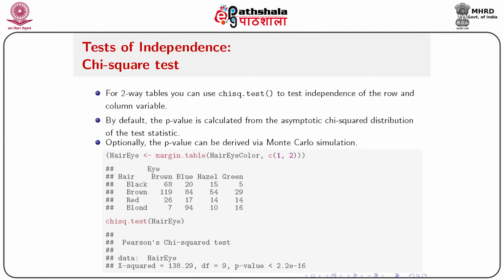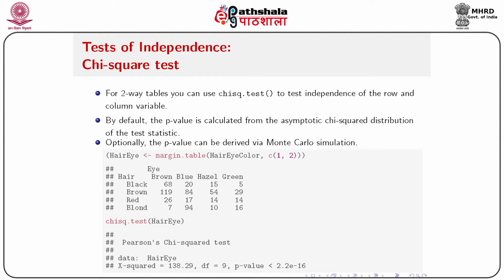For example, suppose the Hair and Eye data that we used in the previous module, that can be called here, and margin.table with columns 1 and 2, then you will get the table like this. The Hair and Eye would be there, the gender would be removed, so gender would be summarized.